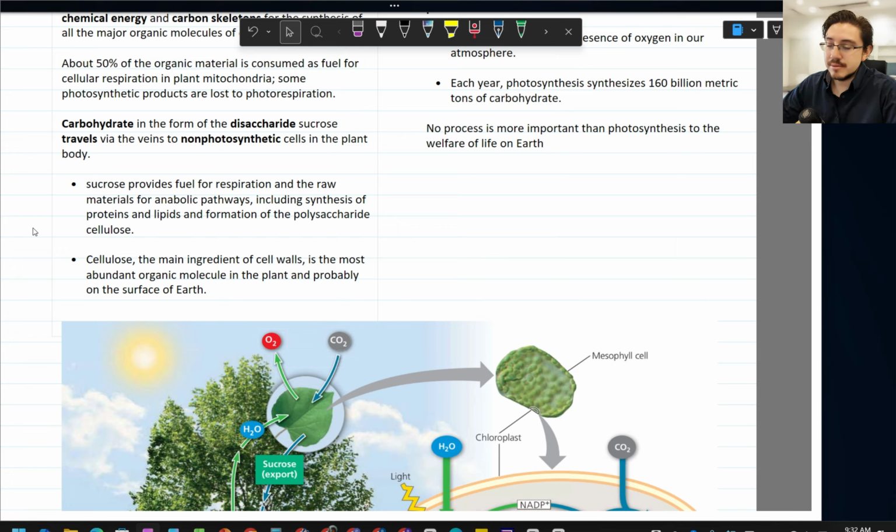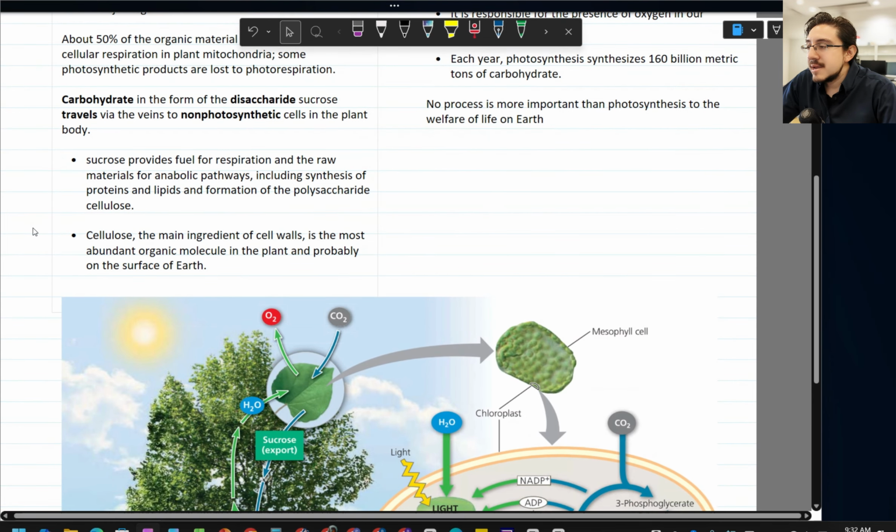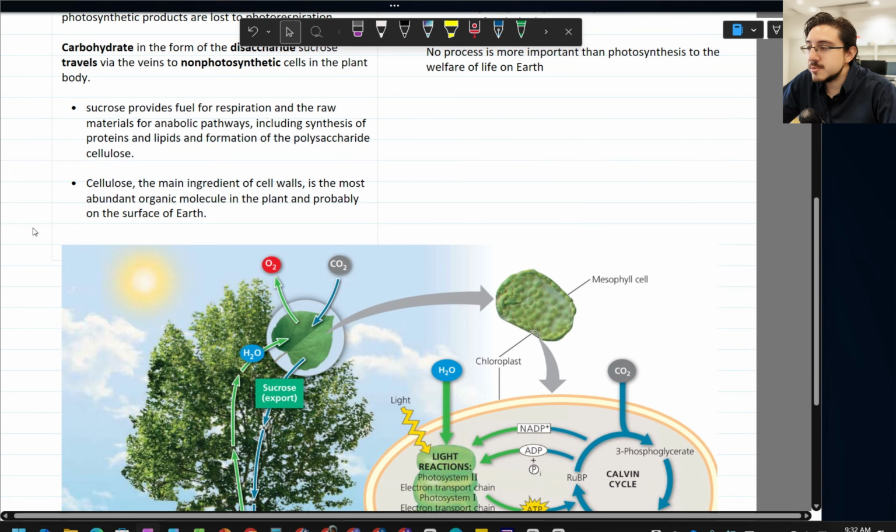Not every part of the plant can photosynthesize, of course, and you need nutrients in certain areas of the plant, like the root, for example. Sucrose provides fuel for respiration and the raw materials for anabolic pathways, including synthesis of proteins, lipids, and cellulose.